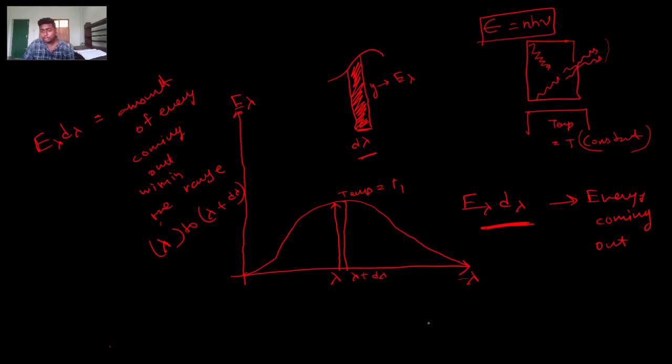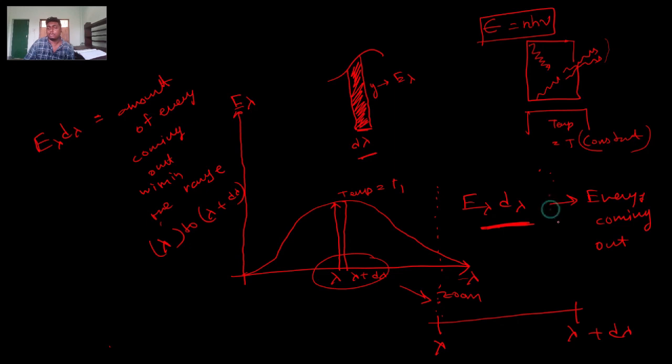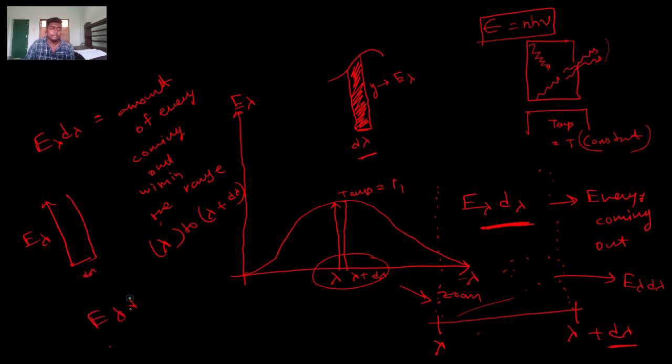If I zoom into this part, you can see lambda and lambda plus d lambda. If I take the range up to the height of E lambda, then this area is E lambda d lambda, because the difference is d lambda. A rectangle of length E lambda and breadth d lambda has area E lambda d lambda. So this was the energy coming out from the black body.